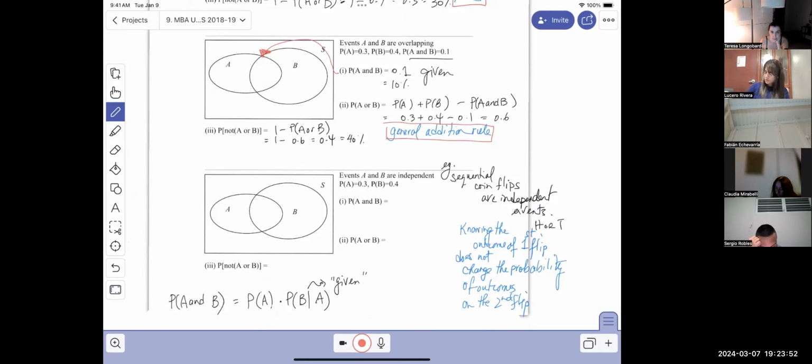So this is what A and B is. Now to be able to calculate this, you need to know the probability of A, and you need to know the probability of B given A. If A and B are independent, I know what that is.